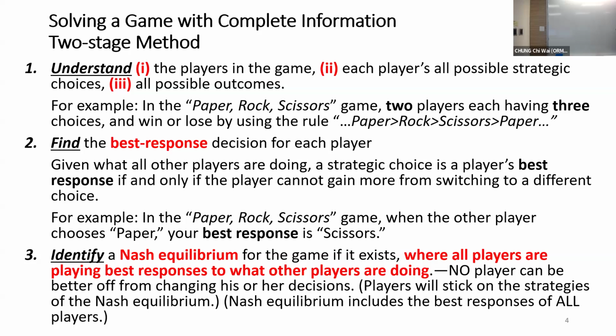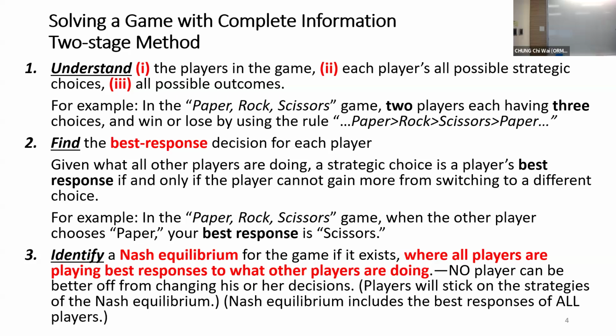So to identify the Nash equilibrium for a game, if the Nash equilibrium point exists, then this equilibrium point should include the best response of all players.